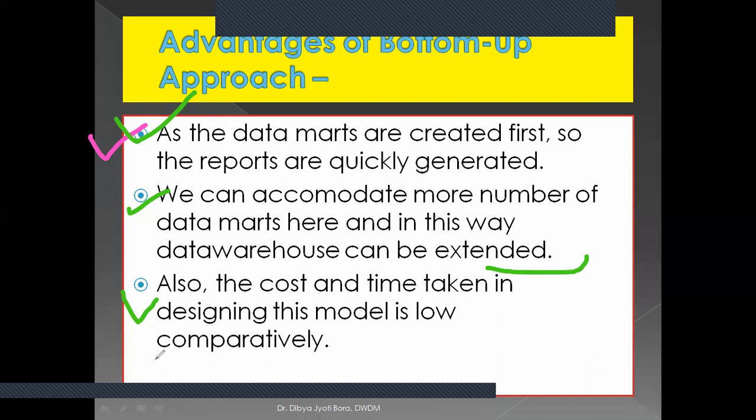From subsets, you can easily create the superset. It's up to you how many subsets you exactly want. If you want more specification, more specialization, you can easily do that. And in the next stage, you just need to integrate them, and then your data warehouse is ready. Okay, these are the advantages of the bottom-up approach.